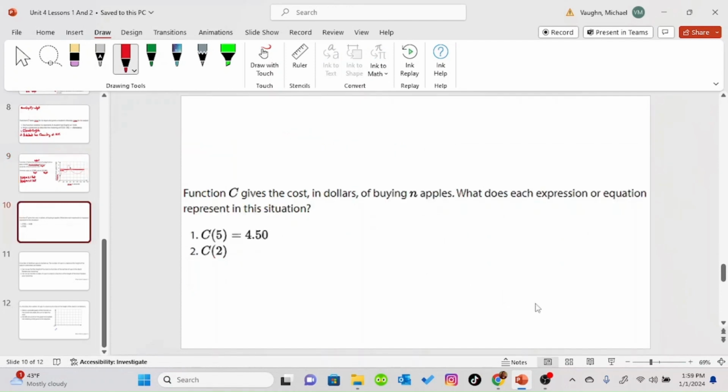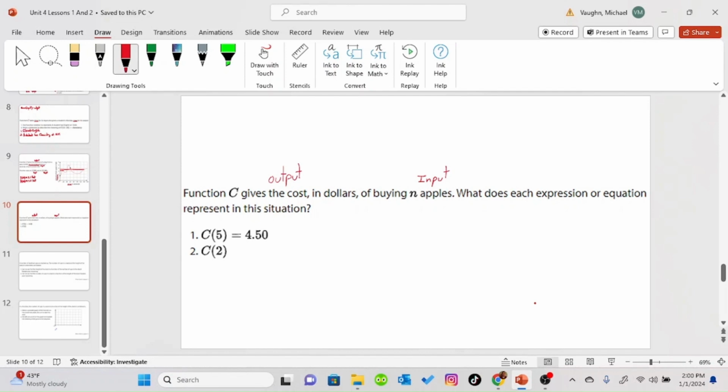Function C gives the cost in dollars of buying n apples. What does each expression or equation represent in this situation? Anytime they give us the problem in this format, function C gives, it's always going to give the output. And it uses the input to give us that.